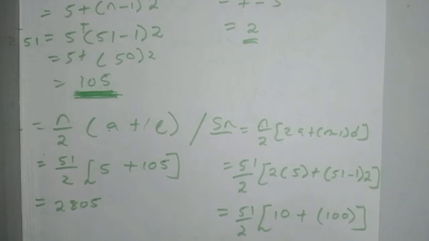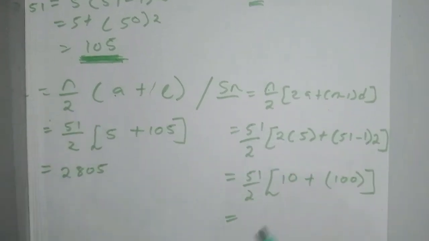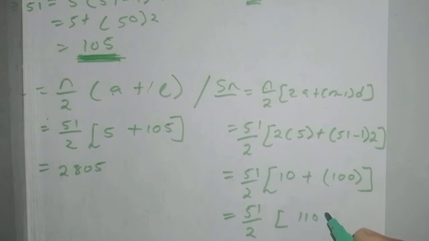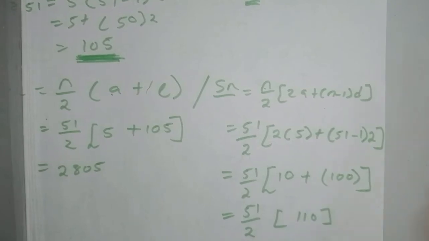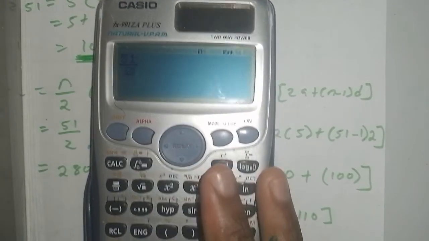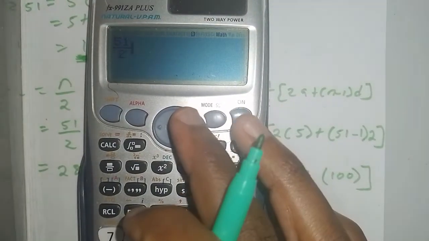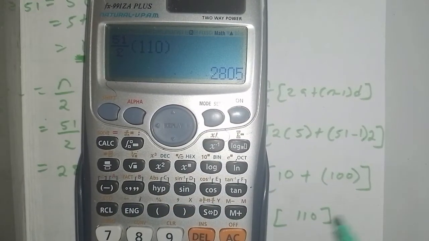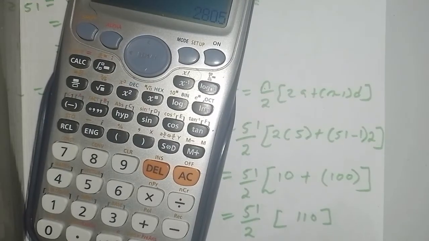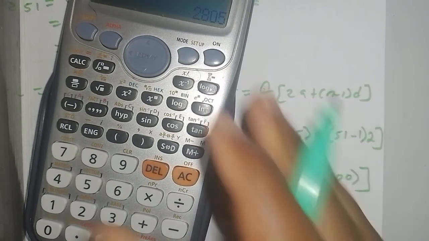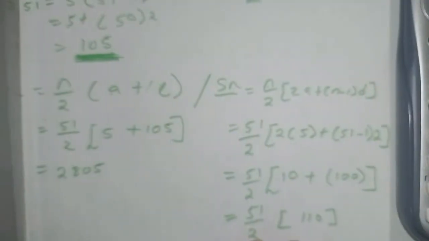When you do everything, this gives us 51 over 2 into 110. Let's punch it in: 51 over 2 into 110. There, I'm getting 2805. There's my final answer.